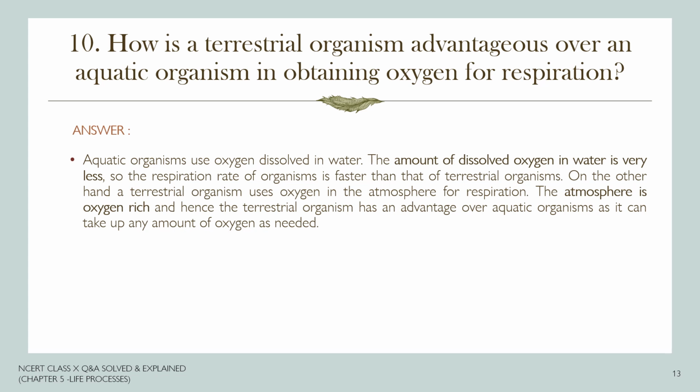The quantity of oxygen dissolved in water is generally less compared to the quantity of oxygen available in air. And thus terrestrial organisms get easier and more access to oxygen for respiration as compared to aquatic animals.